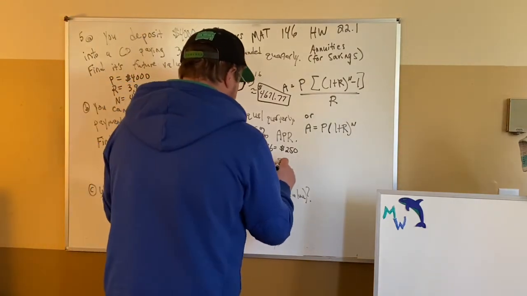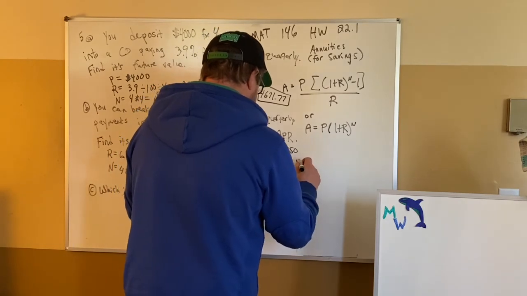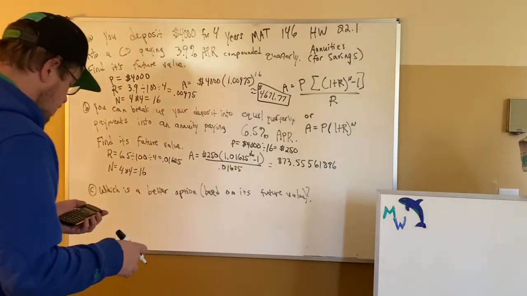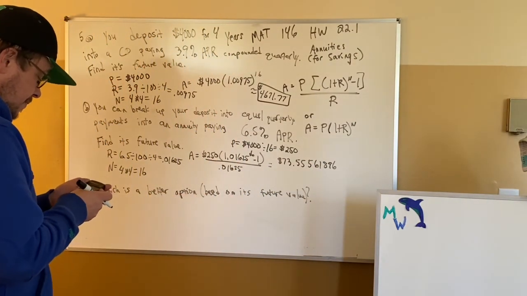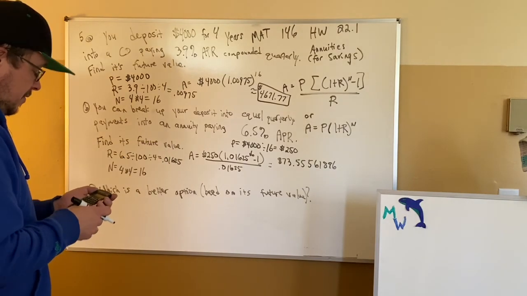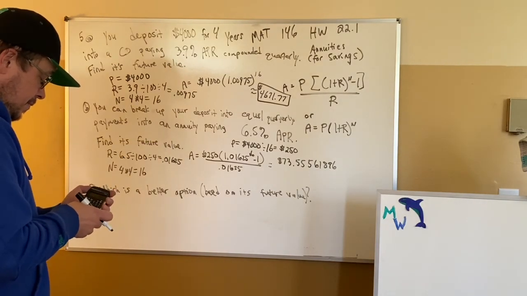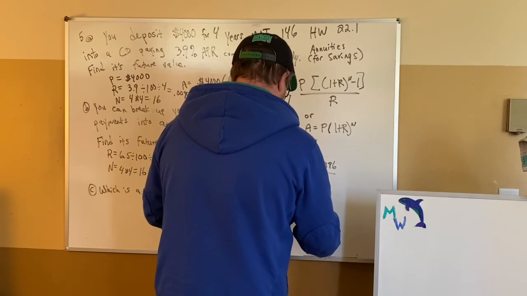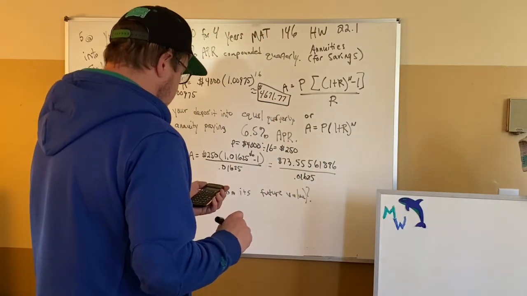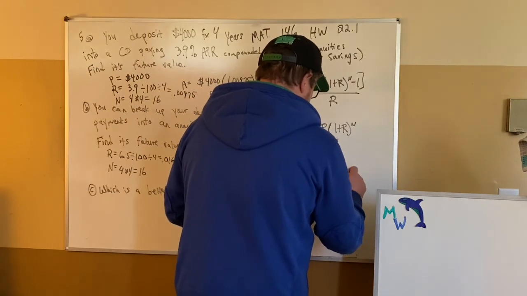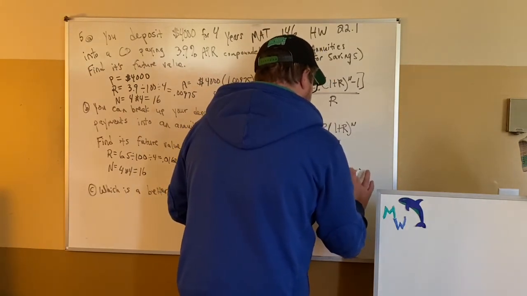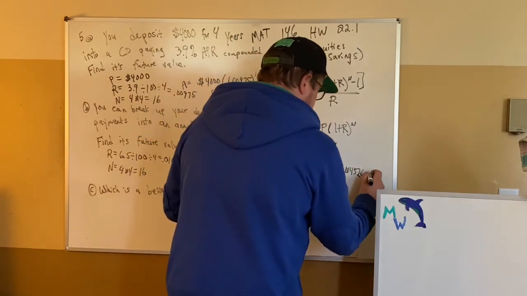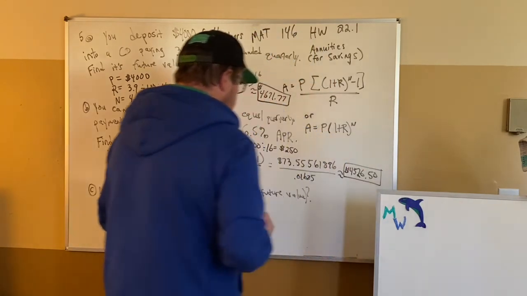You got $73,555.61896. All that sits on my calculator, and I'm going to divide that by my 0.01625. $4,526.499, so $4,526.50. Second answer.